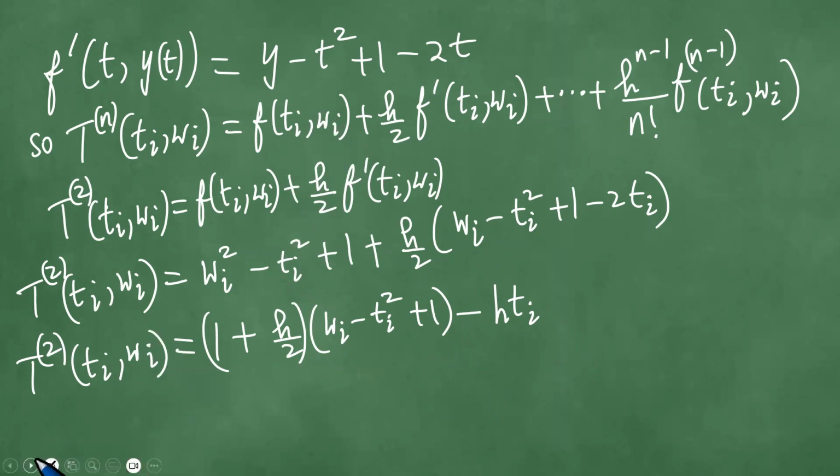Wait a minute, this square is not there. This square is not there. If you look at the t_i, just w_i minus t squared plus 1, it's w_i minus t_i plus 1. So there's no square, so that this w_i and the w_i just have their common factor here, giving us 1 plus h over 2. And then you have the t squared.